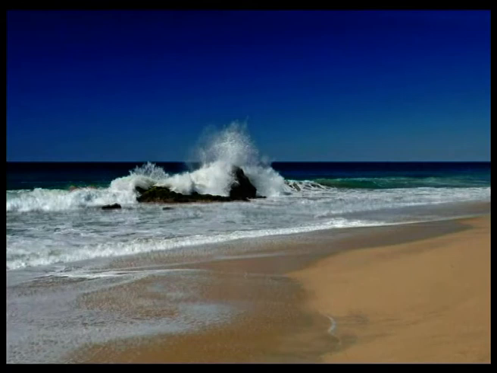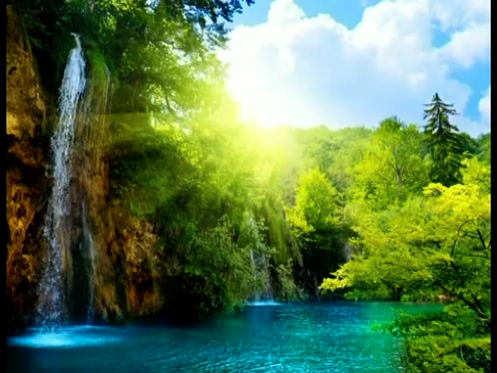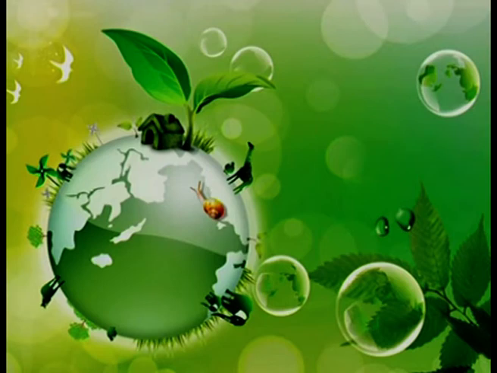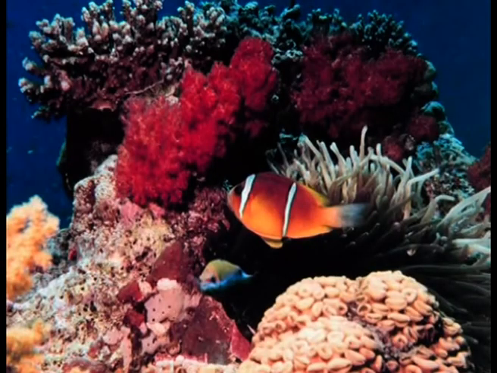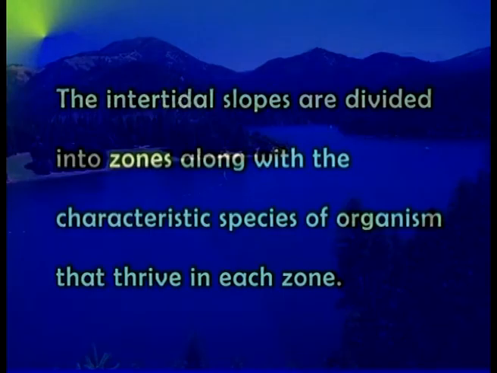Tidal movement helps in studying the intertidal ecology. This refers to the study of the intertidal ecosystem, as organisms thrive in the intertidal slopes created by the different levels of tidal ranges. The intertidal slopes are divided into zones along with the characteristic species of organisms that thrive in each zone.